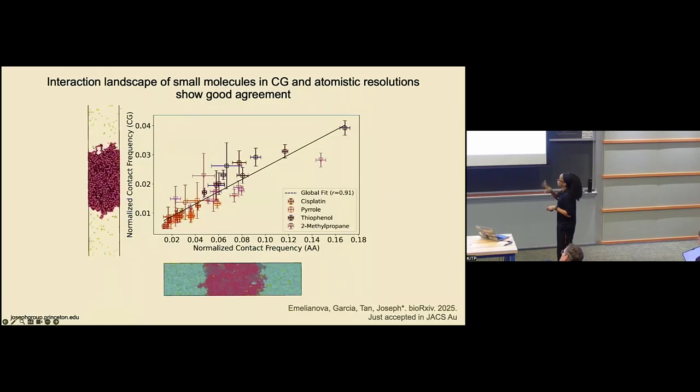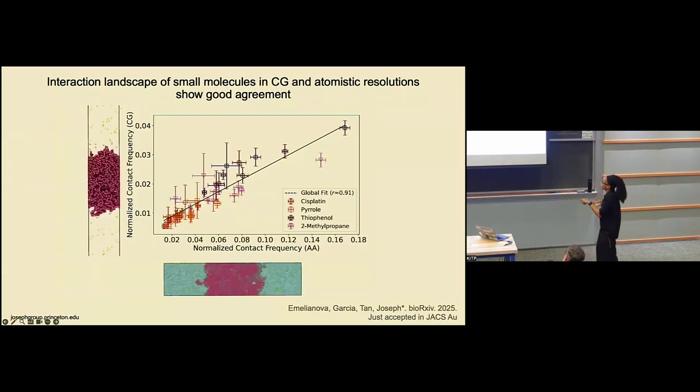We also see in our simulations that if we take a given small molecule and we track it over the course of the entire simulation, and you ask which protein residues does that small molecule interact with, do we get the same interaction landscape in the coarse-grained approach that we get in the atomistic simulations?